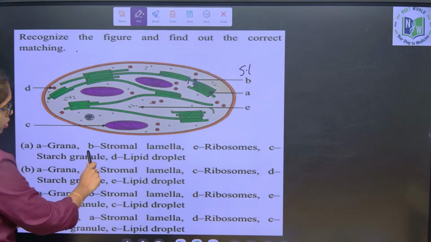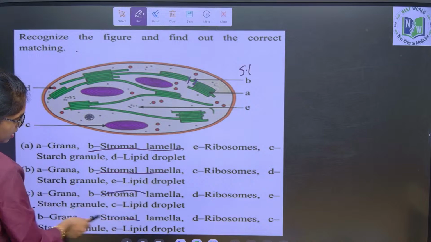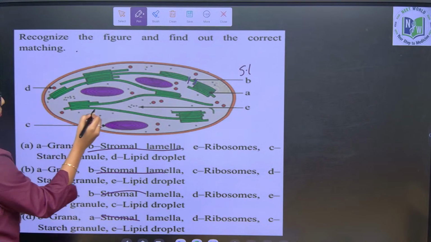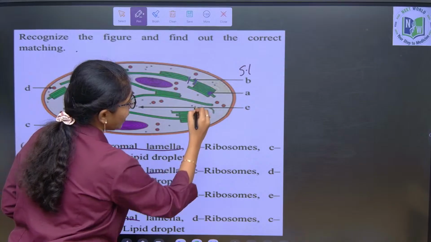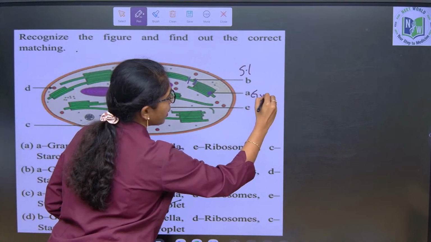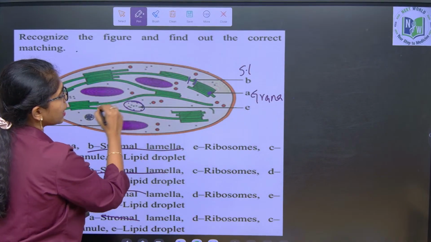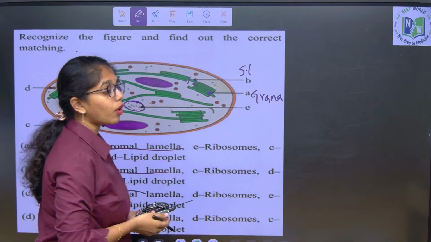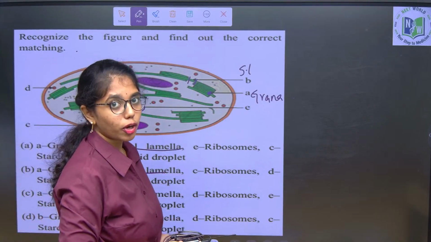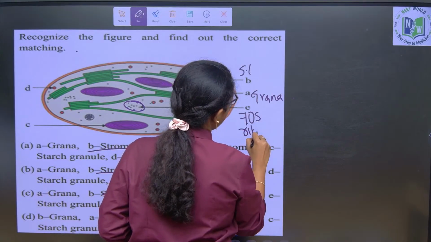Next, A is what? Grana or thylakoid membrane, both you can choose. A is grana. Next, these small structures are ribosomes. What type of ribosome can you see in the chloroplast? 70S ribosomes.